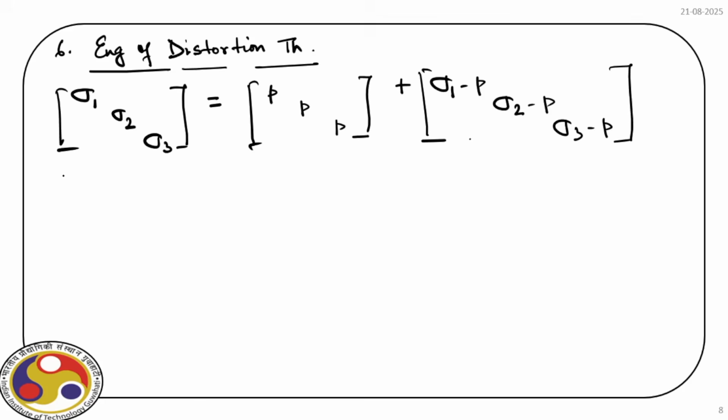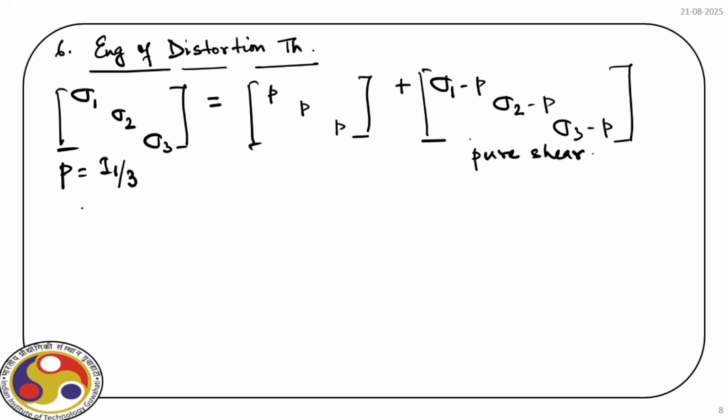And if we satisfy a criteria, P is equal to I1 by 3, then that's the condition for first invariant to be 0, and that will lead to a state of pure shear. So, it will be a state of pure shear.